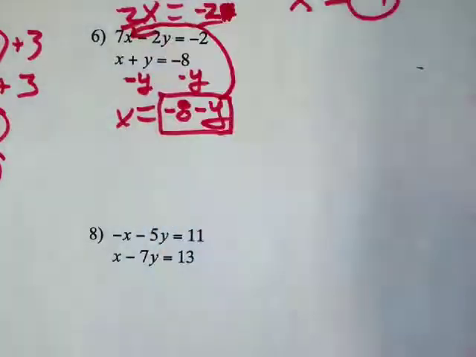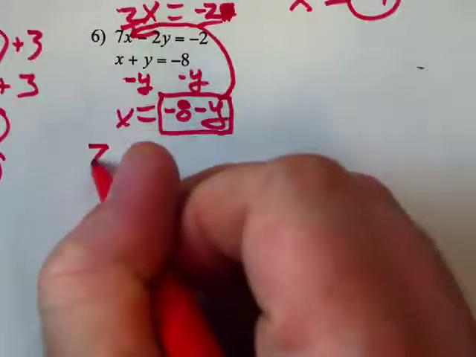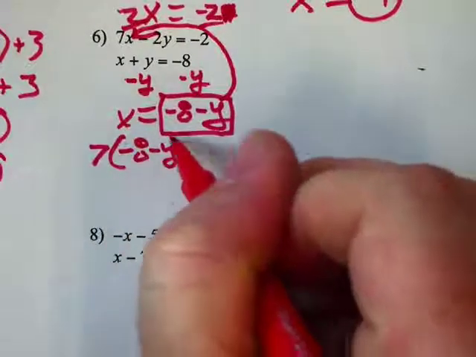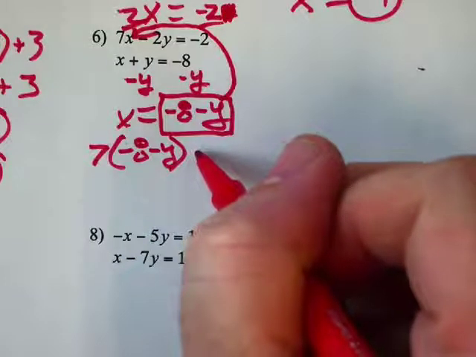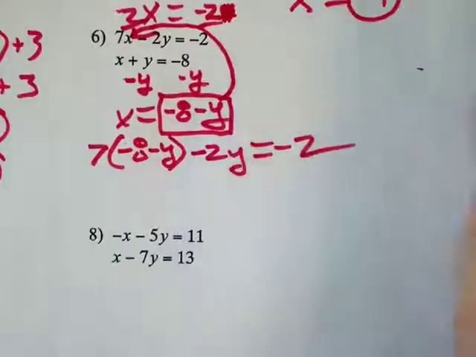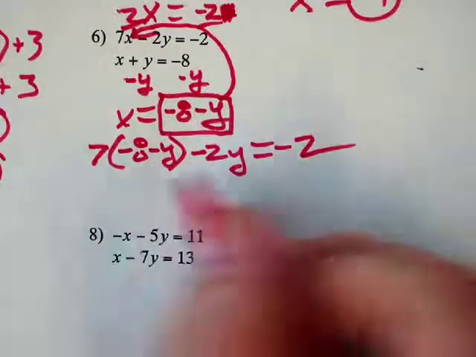I'm doing it this way so you can see that you can plug in anything. You can plug in for the x here too. So now I have 7 times x, which is (negative 8 minus y), and then minus 2y equals negative 2. So we solve it the same way we have been doing it, and just solve for y this time.